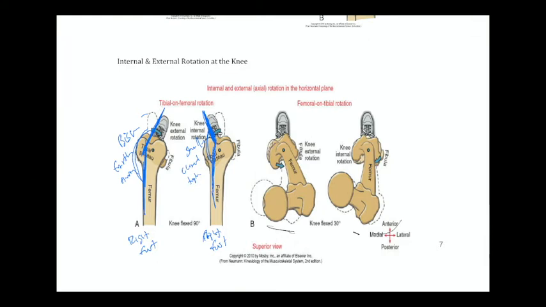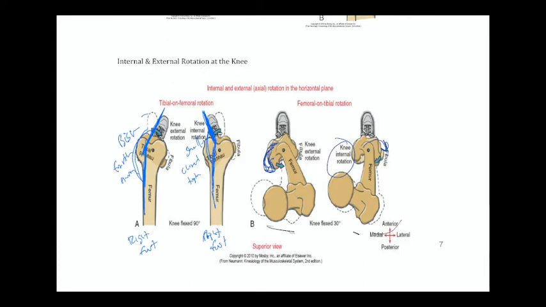So it's rotating inwardly to create an external rotation at the knee, and vice versa. The femur is rotating externally to create an internal rotation at the knee. So the bone is externally rotating, but the joint is internally rotating. And so that is where it can be confusing.